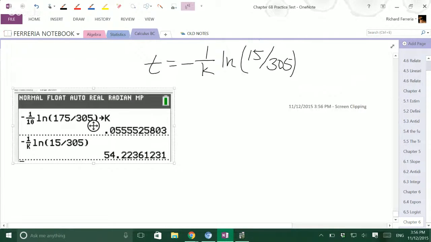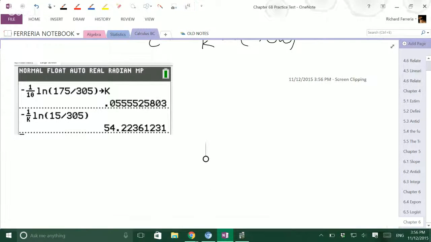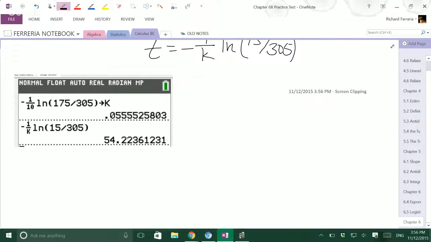Okay, here's my but wait, there's more. We're supposed to round to the nearest 5 minutes. Well, let's not round just yet. So it's going to happen when t is 54.223.